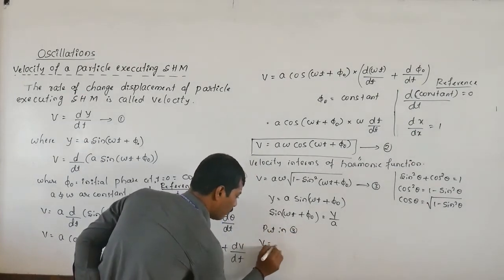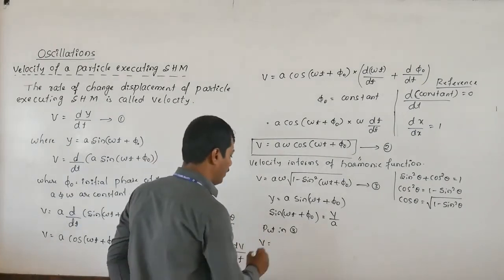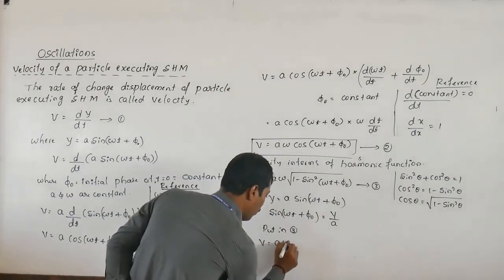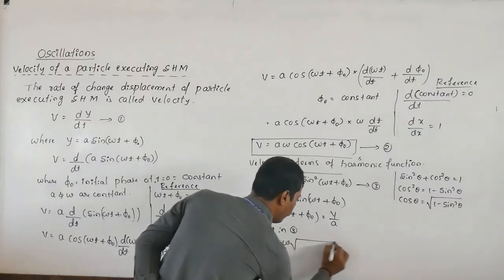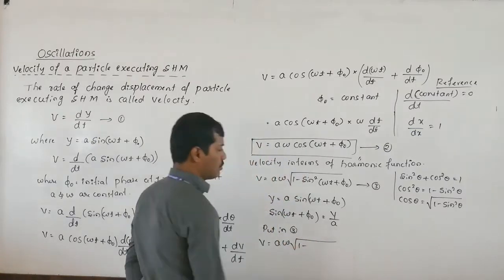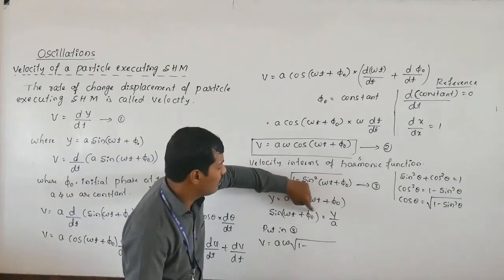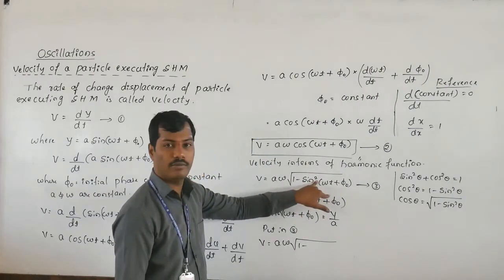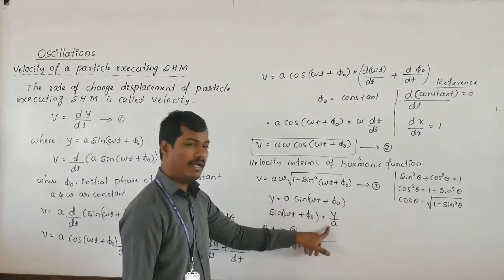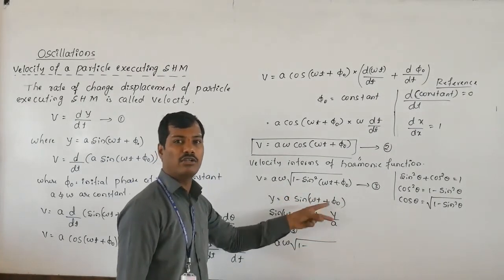v is equal to, I write directly here, a into omega root of 1 minus, here sine of omega t plus phi naught is equal to y by a. Here square is there, which means y divided by a whole square becomes y square by a square.